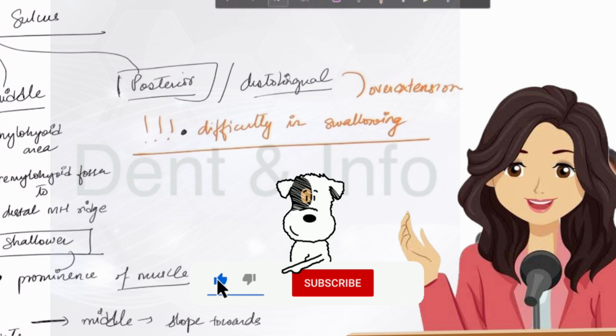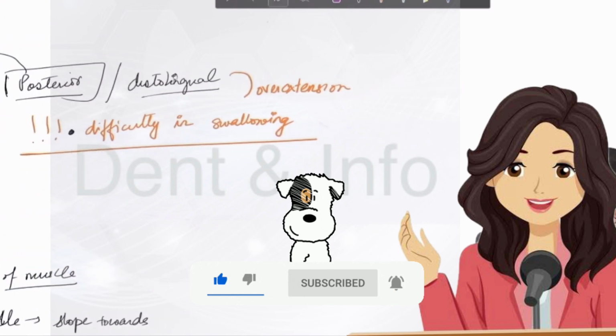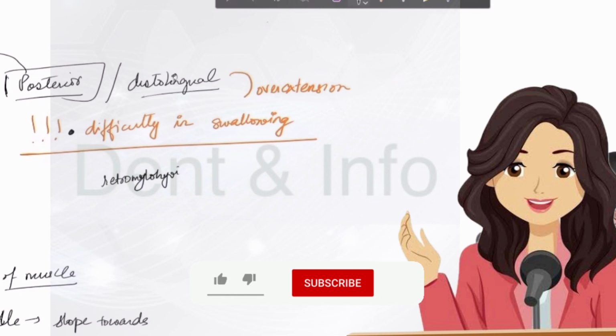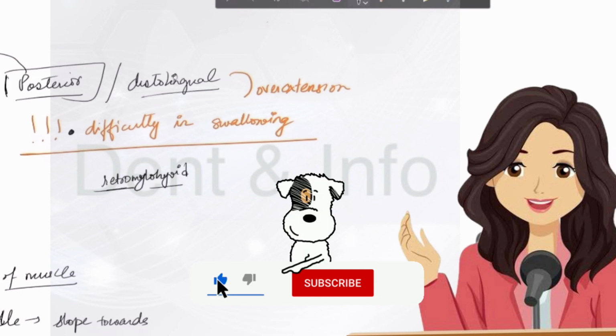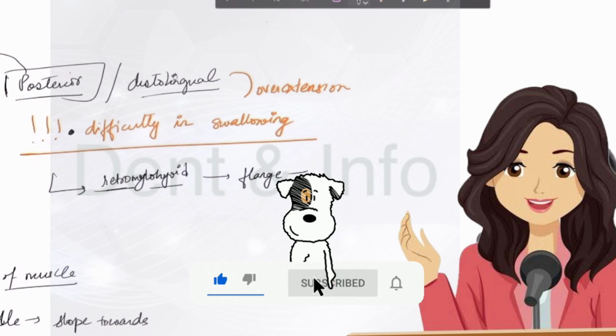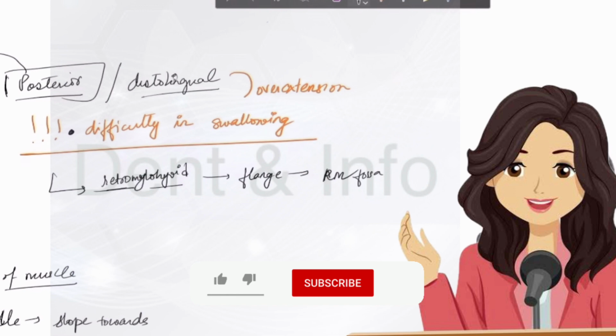So why does this happen? Let's understand the anatomy here first, right? Anatomically, this is the retromylohyoid region. Why retromylohyoid? Because it is located behind the mylohyoid ridge. That is why it is called the retromylohyoid region. From here, the flange of the denture will pass into the retromylohyoid fossa region, that means the posterior part of your denture.